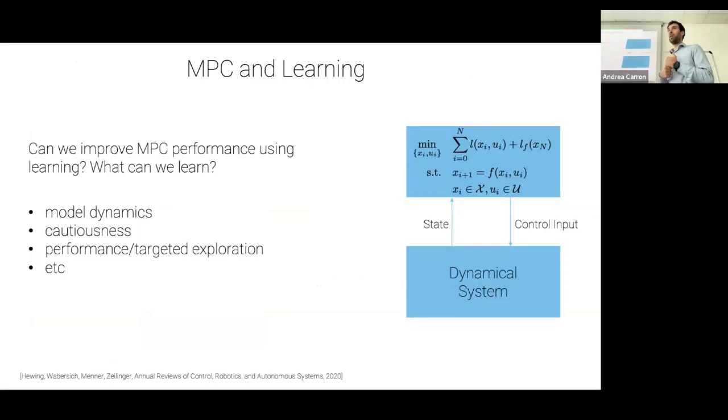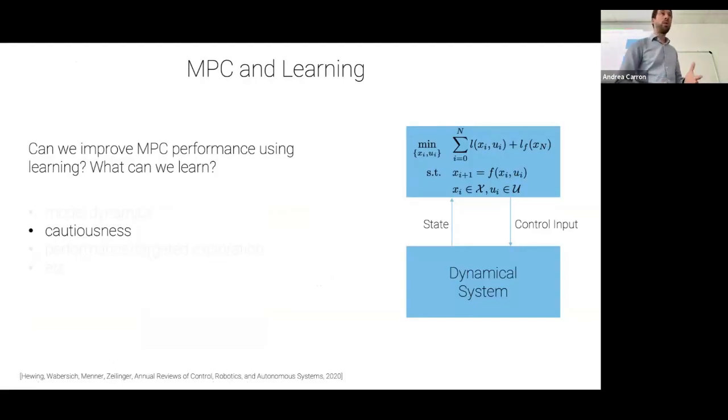Now I would like to cover cautiousness. So how can we be cautious combining learning and MPC, which I think is really one of the nice advantages on top of learning the model.